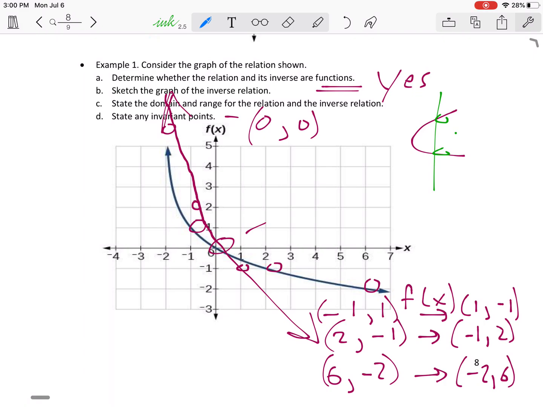So that's assuming this is an asymptote, but it's a little bit hard to tell. If it keeps going left, then it'd be all real numbers. And for the inverse, if it continues to go down and up, it's all real values, and if it continues to go left and right, it's all real values as well.